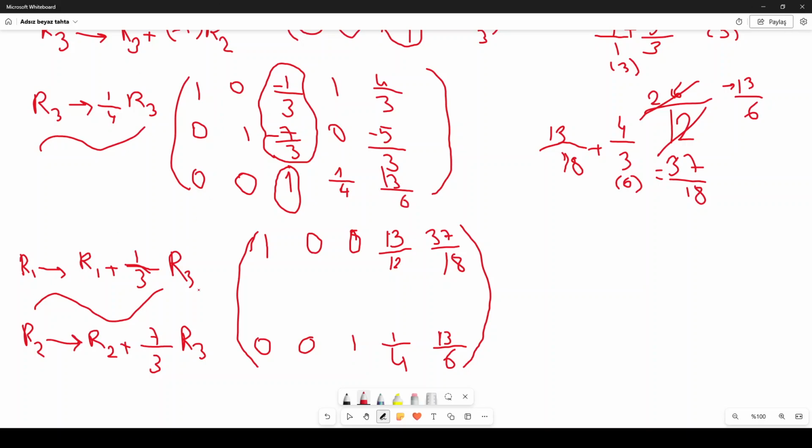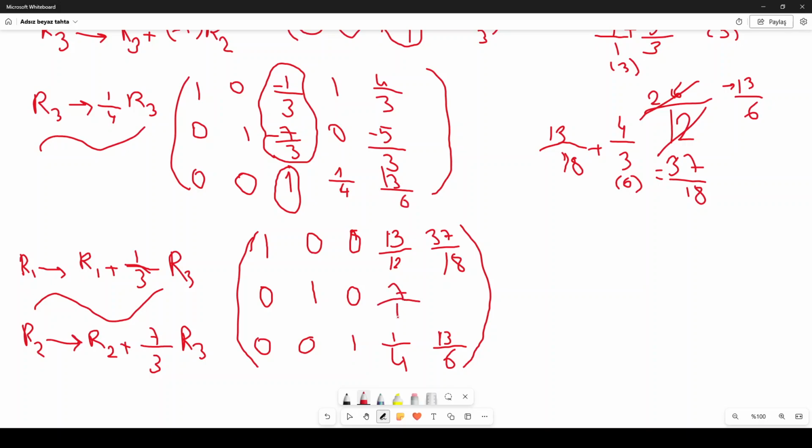And for the second row, again R2 plus 7 over 3 R3, we got 0 here, we got 1 here, we got 0 here again, and 7 over 12 here.